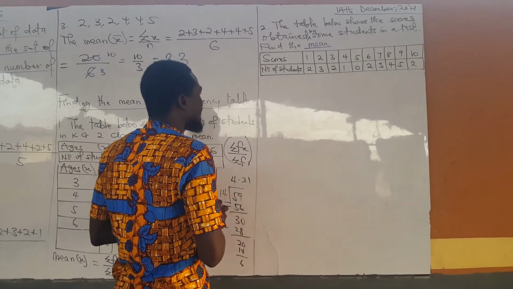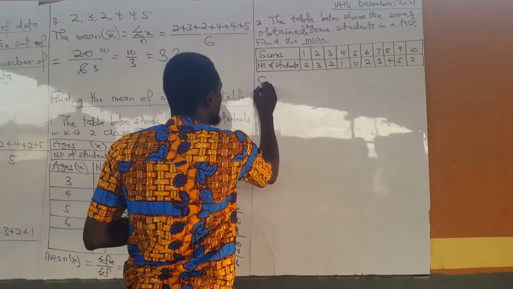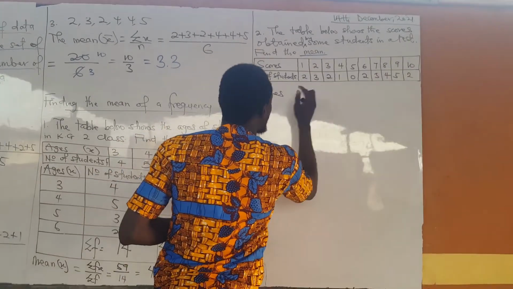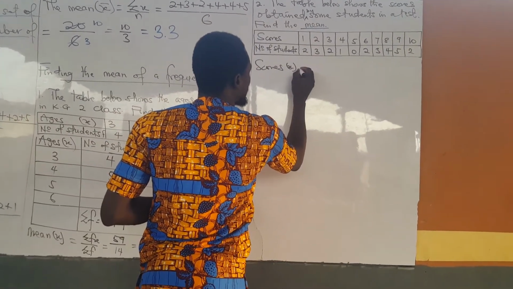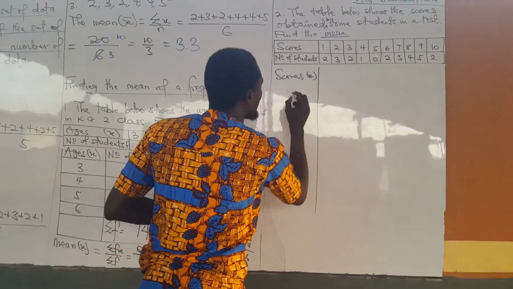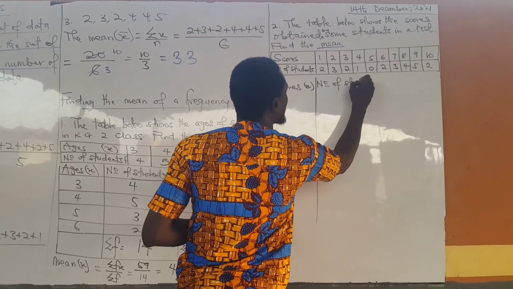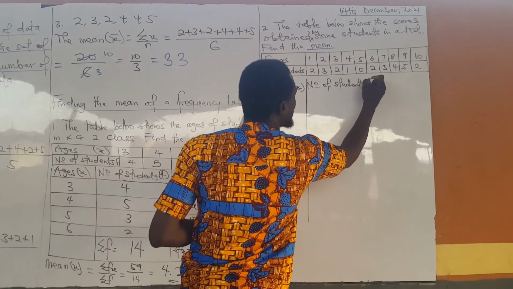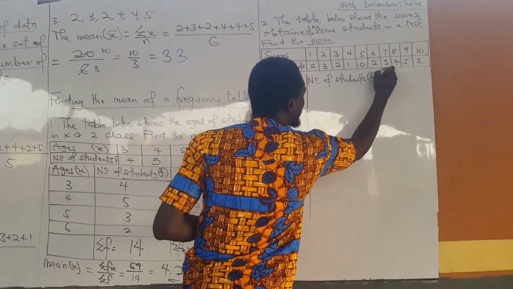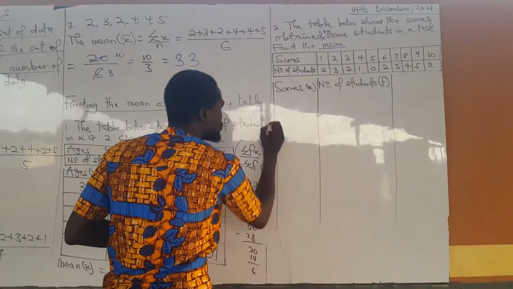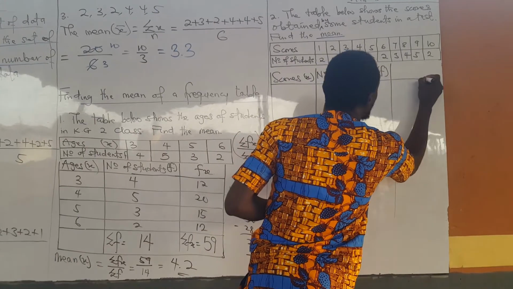So we are going to have our scores here, and these scores represent the X values. Then we have number of students, and this also represents the F values. So we have our table this way, nicely drawn.